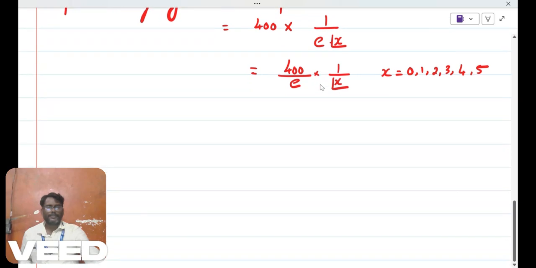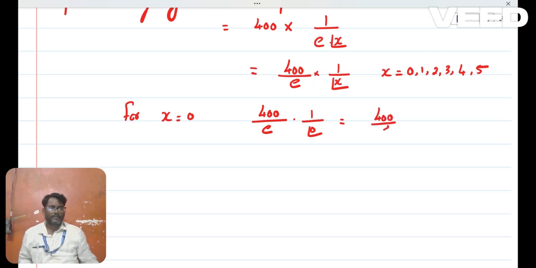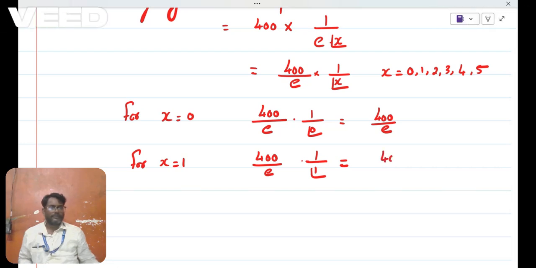Now we will compute the expected frequencies for the Poisson distribution. For x equal to 0, we get 400 divided by e into 1 by 0 factorial, which is equal to 400 divided by e. For x equal to 1, same thing, 400 divided by e into 1 by 1 factorial. Since 0 factorial and 1 factorial are the same, here also we are getting 400 by e.